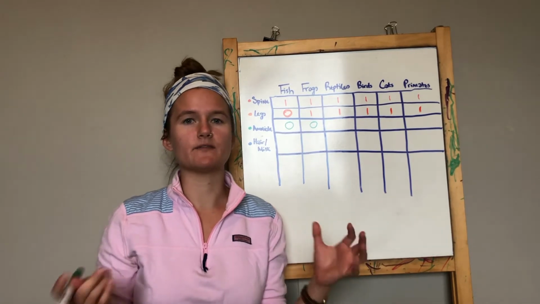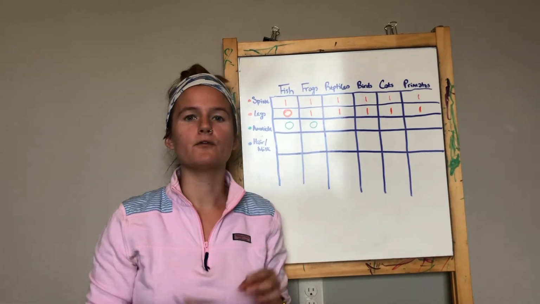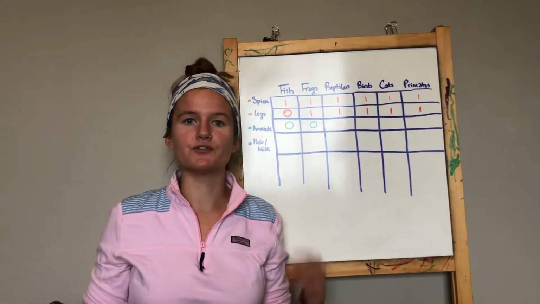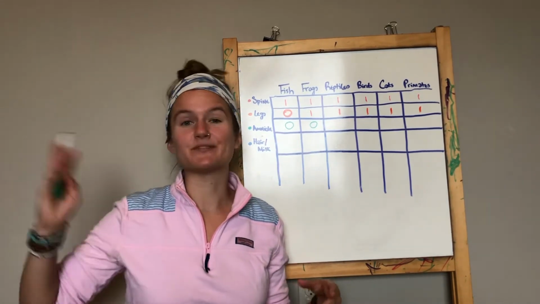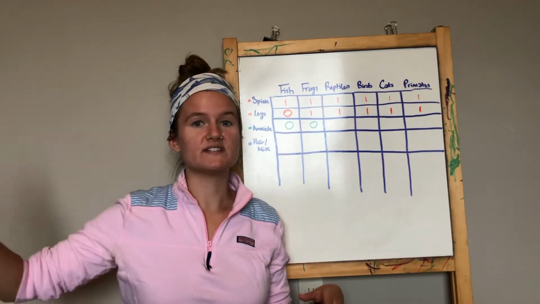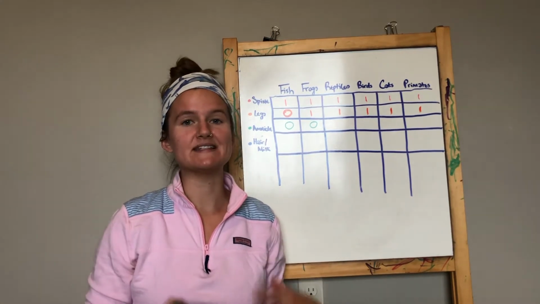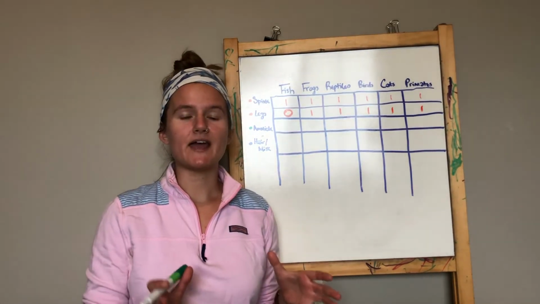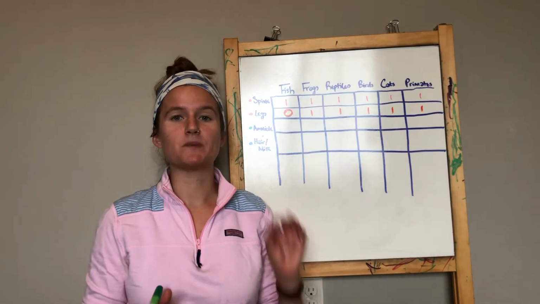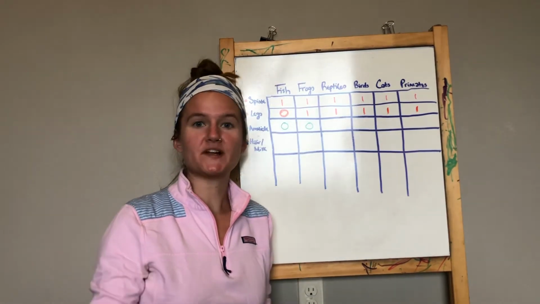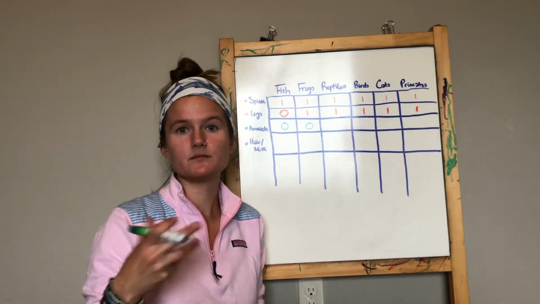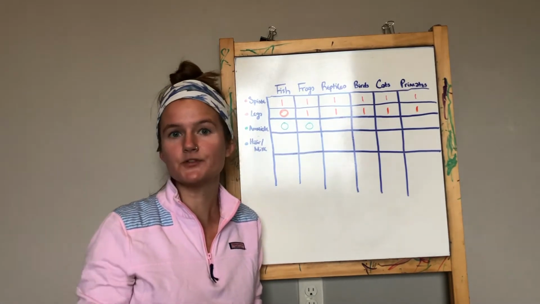This amnion acts as a protective layer for your land-based animals, your reptiles, your birds, your cats, and your primates. Cats and primates just happen to take it one step further and kept the whole process inside the body. So amniotic eggs are characterized by having a specialized structure in the egg. Every other animal is terrestrial: reptiles, birds, cats, primates. We all live on land, so they will all get a 1.